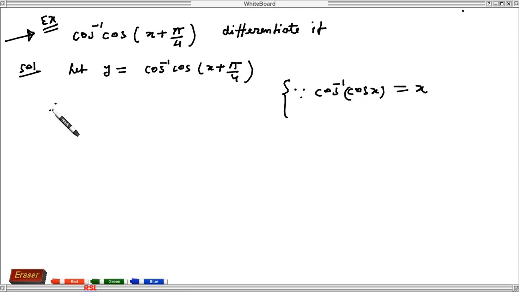So cos inverse cos x is x. Suppose that this is theta, then cos inverse cos theta will be theta. So y will be equal to theta, and theta is x plus pi by 4. So we will differentiate that. Just see it.